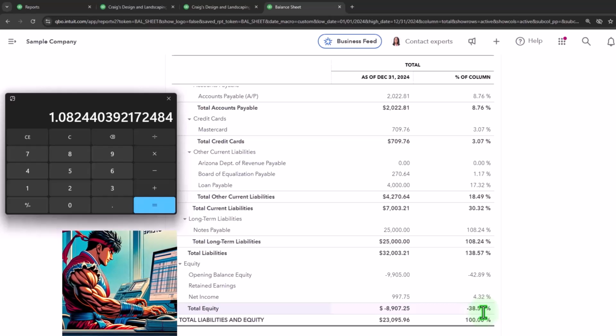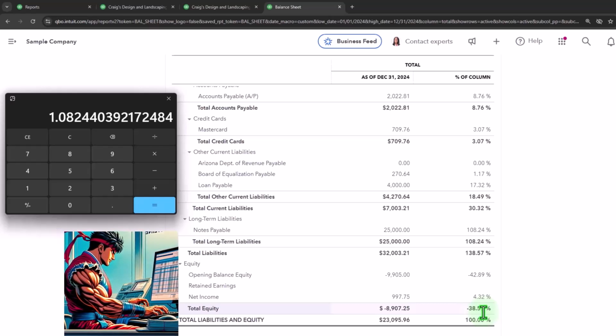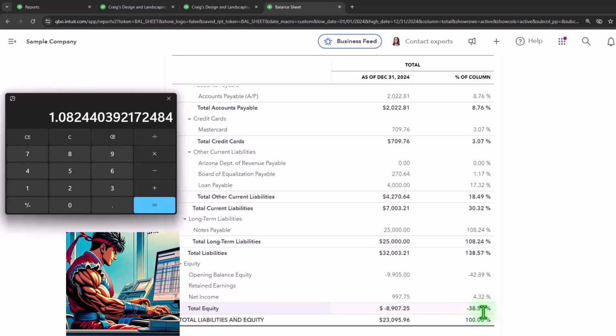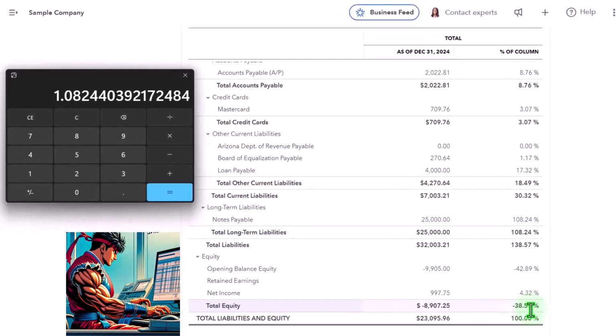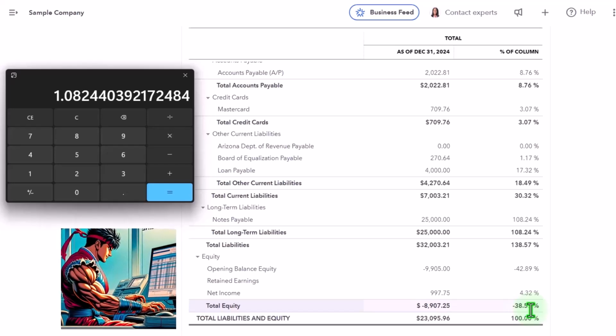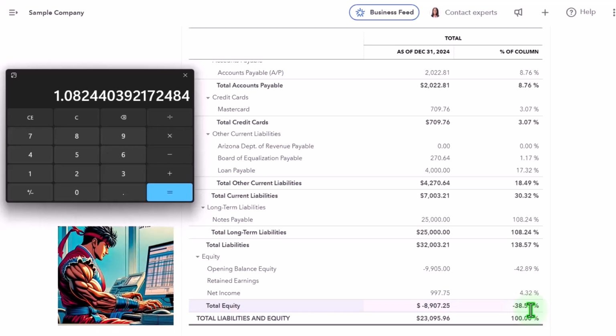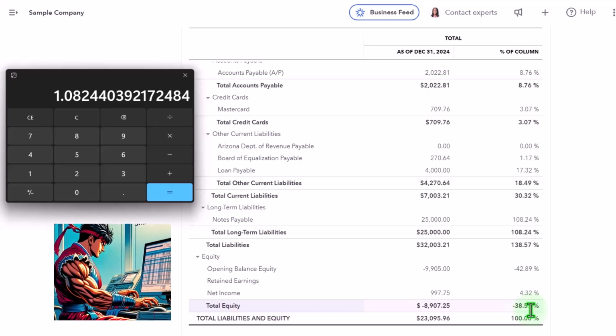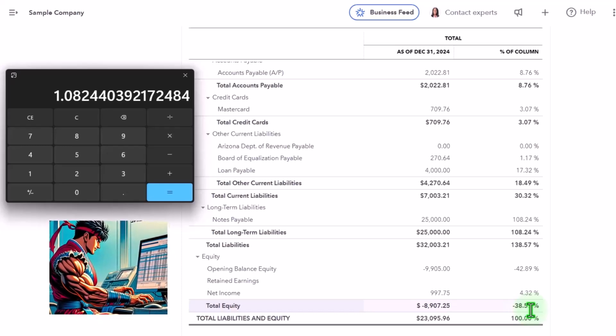Either we, the owner, are putting money into the company that we then use to purchase the assets in order to help generate revenue, or we took out a loan to get that initial investment, or as the company proceeds forward, we will hopefully be generating revenue, and the revenue will roll into retained earnings, helping us to hopefully finance the business.